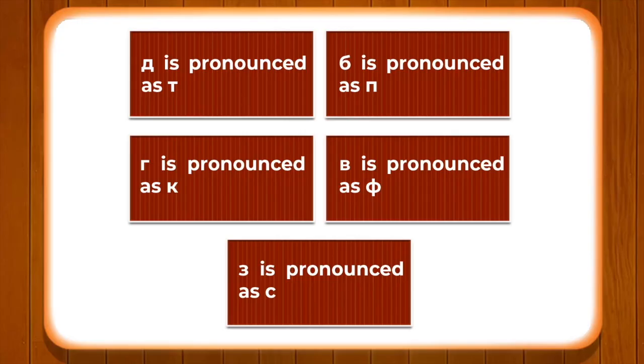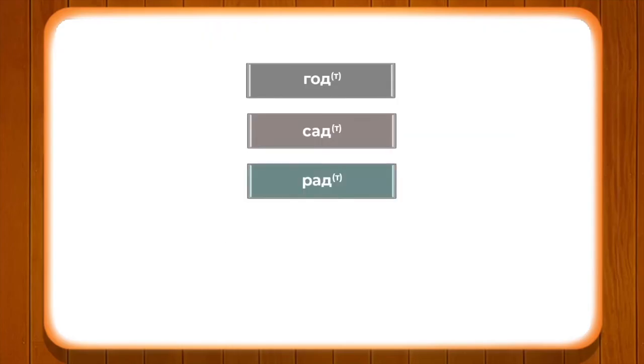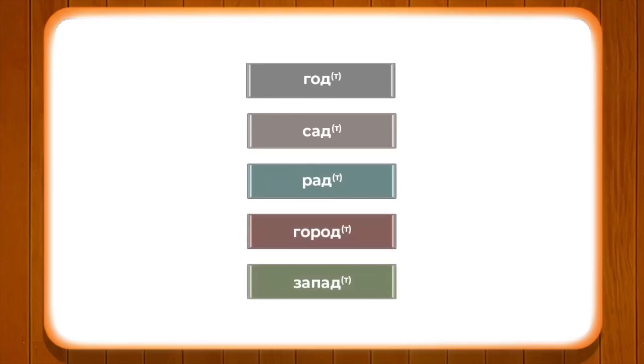Let us see how. In the next part, we have certain words like god, sad, rat, gorat, zapat. Here the word god is ending with de, but if you pronounce it and pay attention minutely, you would hear the sound of te, not de.